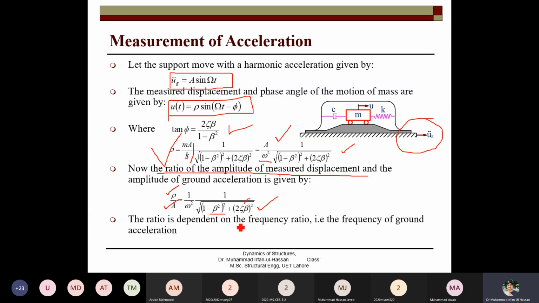So in this way, by using these expressions, the vibration measuring instrument analogy is simple, and this analogy is used for measuring the ground acceleration and the response of the system.